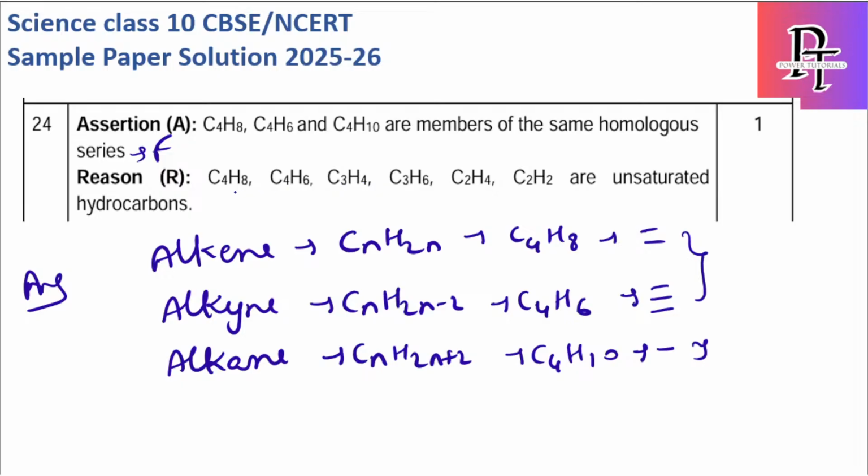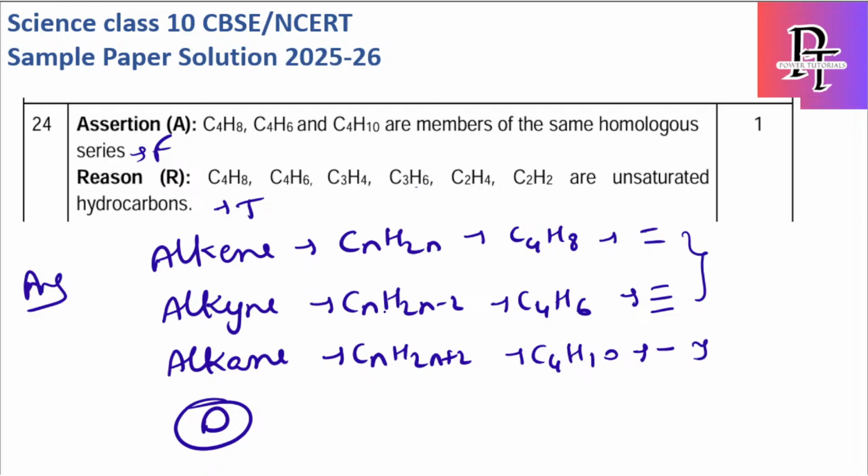So if you notice C4H8, C4H6, C3H4, C3H6, C2H4, C2H2, all are unsaturated because these all belong to alkene and alkyne groups, hence R is true. I told you the options, A is false, R is true is D. Repeating this question again, because the same type can come for 2 marks or 3 marks, they can ask you to give an example for alkene, then just write this configuration CnH2n and write numbers from 1 to 4 for example.